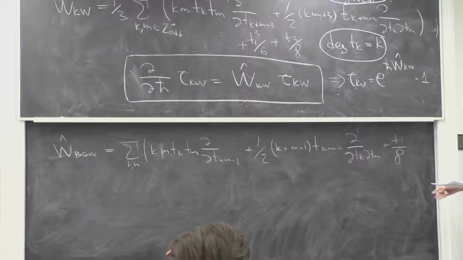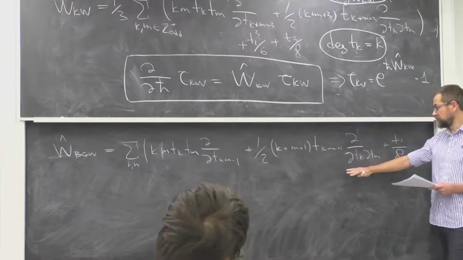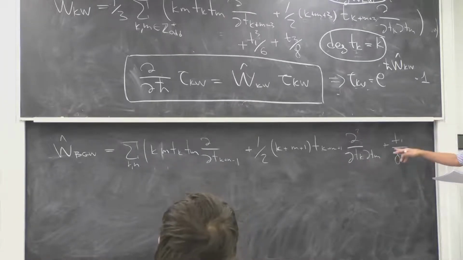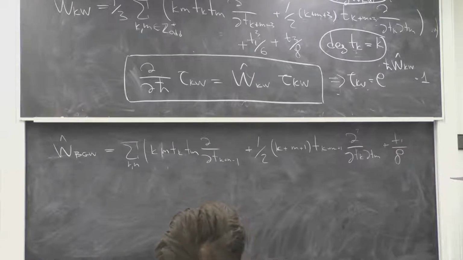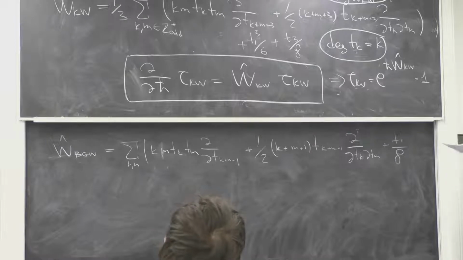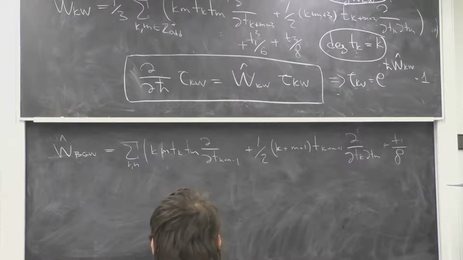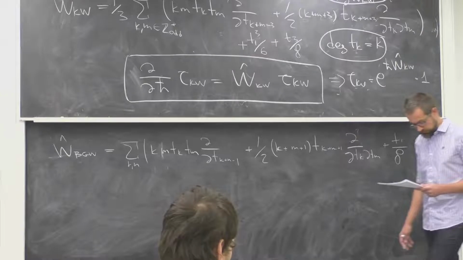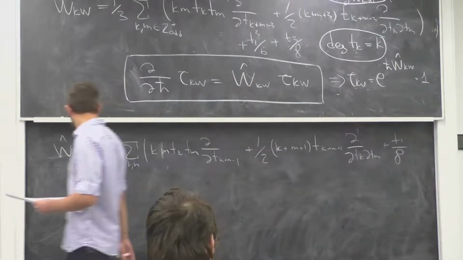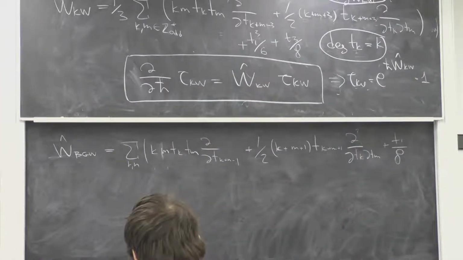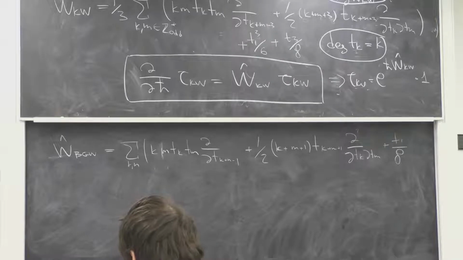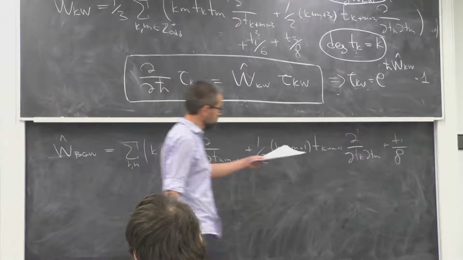So this operator is again homogeneous, and its weight is equal to 1. And again, we have the same type of structure.